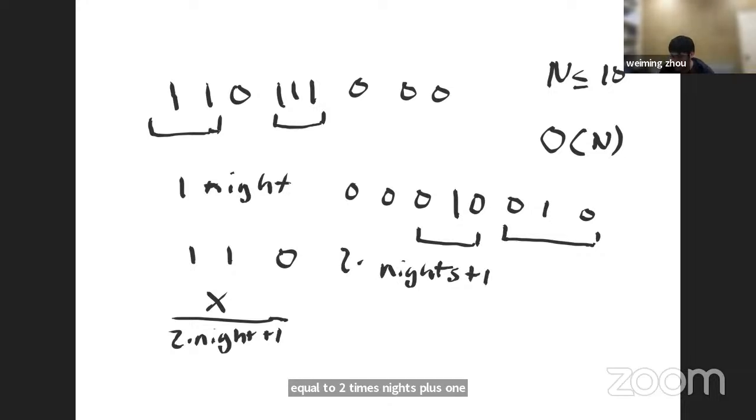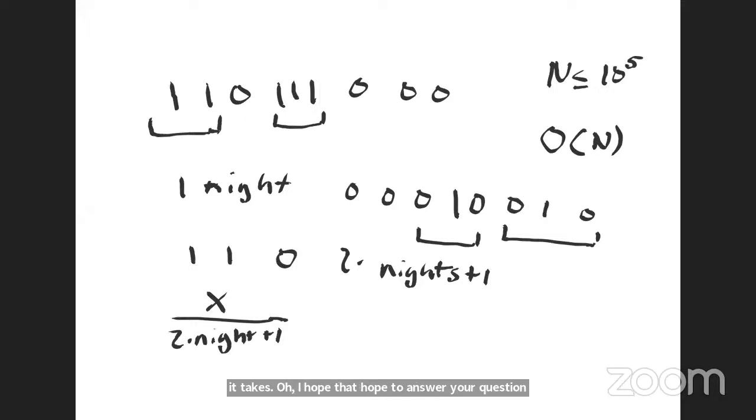And since we want to space out the cows whenever possible, it'll be the same as just dividing the clump length by the number of intervals that it takes. I hope that helped answer your question. Oh, yeah. That makes sense.